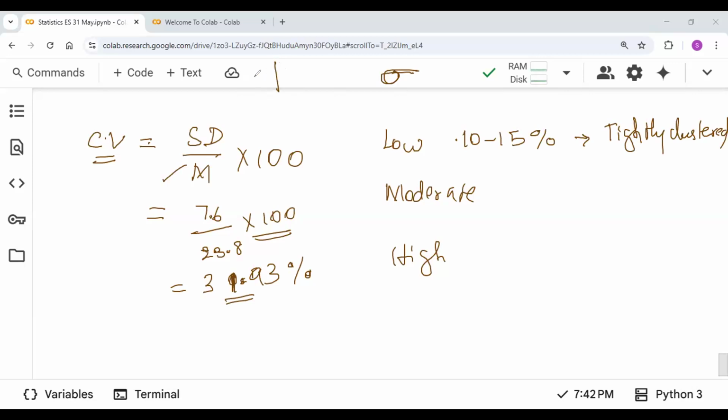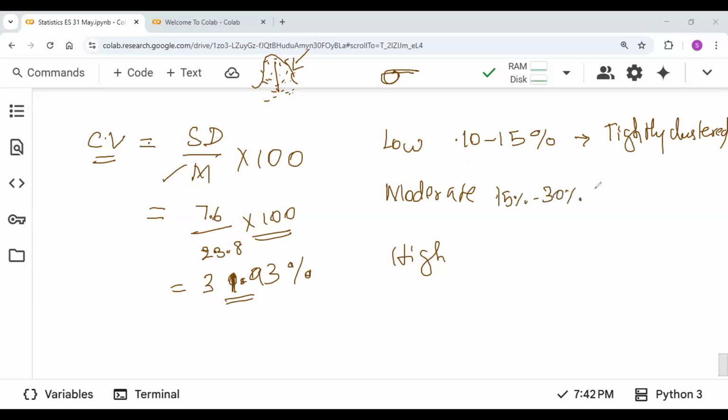Most of the data points are going to be tightly clustered around the mean. So it is easy for your machine learning model or for analysis to make interpretations or derive business insights from this large group of data in a central tendency. And what is the moderate range? From 15% to 30%.